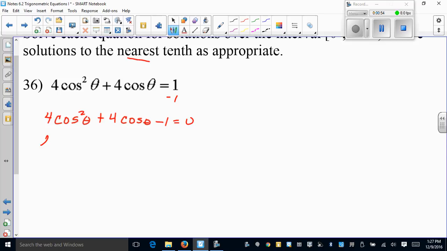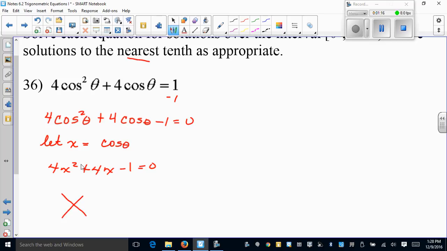So I'm going to let x equal cosine of theta. So that gives me 4x squared plus 4x minus 1 equals 0.